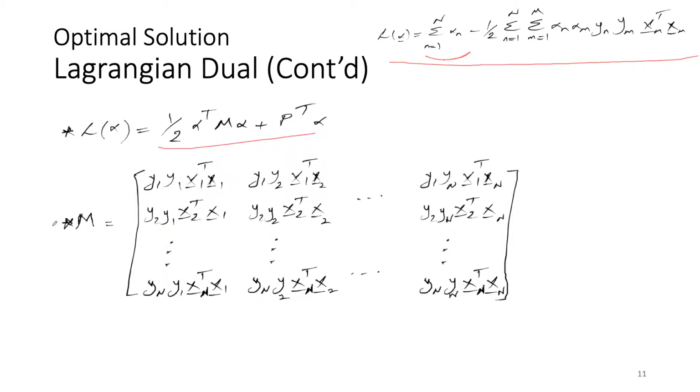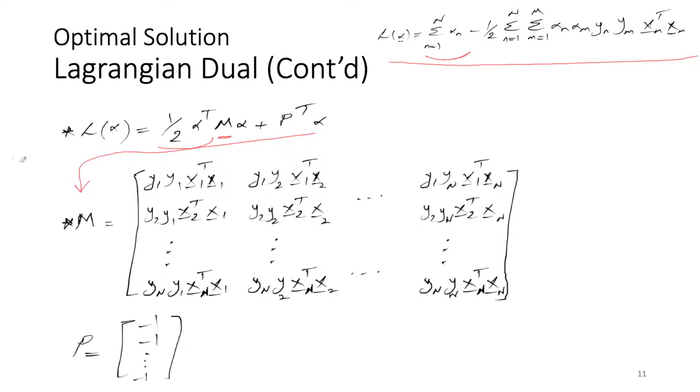We define a matrix M, which is a long form of y1 y1 x1 transpose x1 up to yn yn xn transpose xn, right? So instead of writing this long form, we write 1 over 2 alpha transpose M alpha, which is this huge matrix. This is another way to showcase it in the vector format.